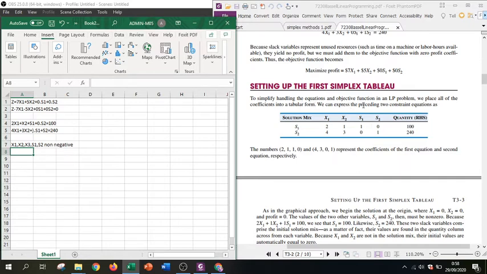We can express the constraint equations by making a tableau like this, because we have the variables x1 and then x2, s1, s2. This is RHS, and this is the solution mix.